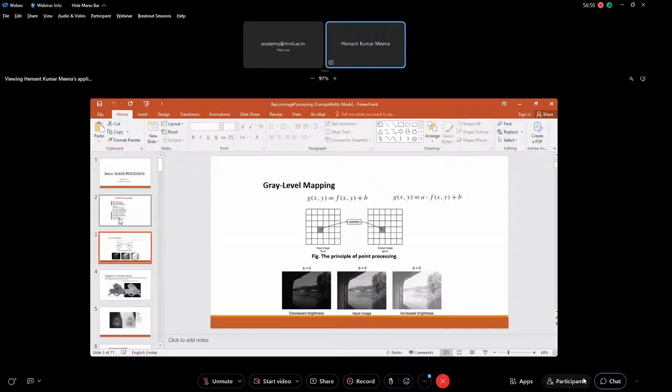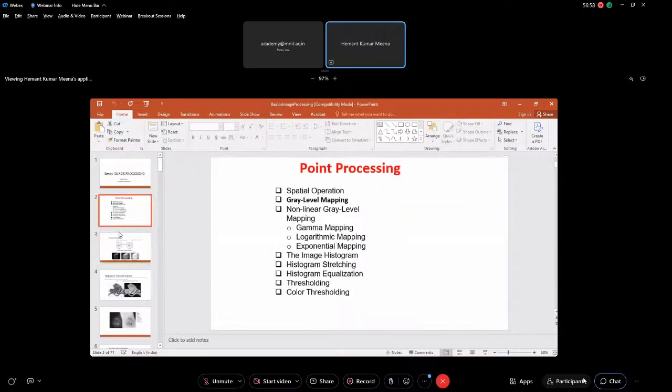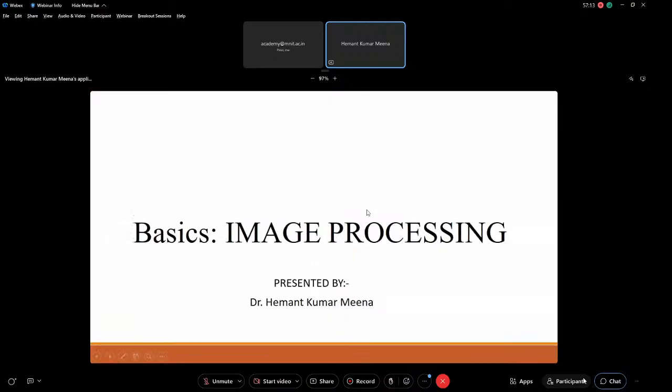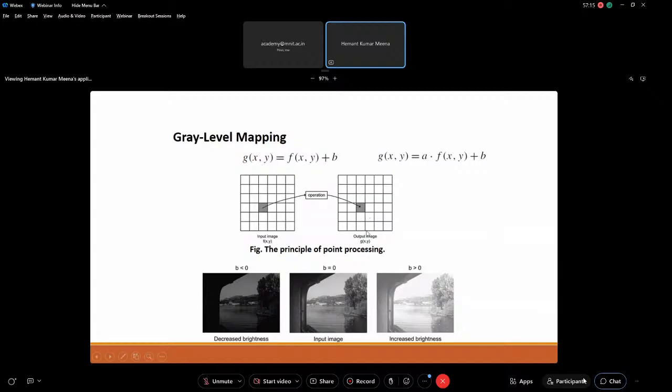The first part is spatial operation. Spatial operation is the basic term where, as we discussed, the independent coordinate is space. As you can see in this image, this rectangular box, this unit, is basically the pixel.